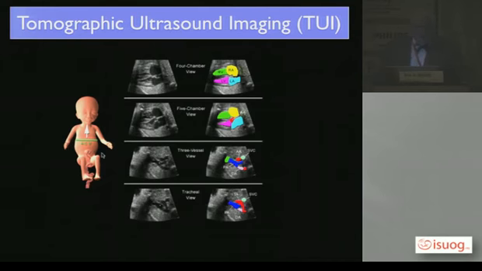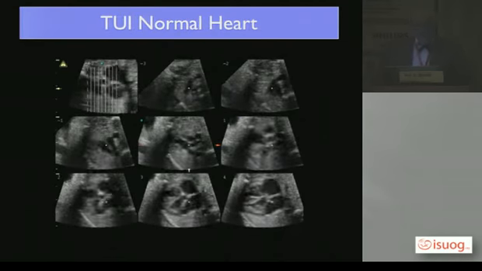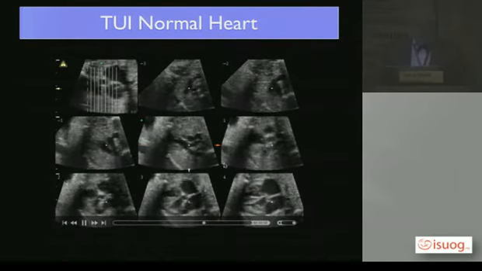That's simply acquired by placing the transducer in the chest and moving upwards towards the neck to display these views. You can do that freehand, or we can do it with TUI from a stick acquisition. Now look at this. This is a stick acquisition. We have all the views that we need being displayed on the screen.